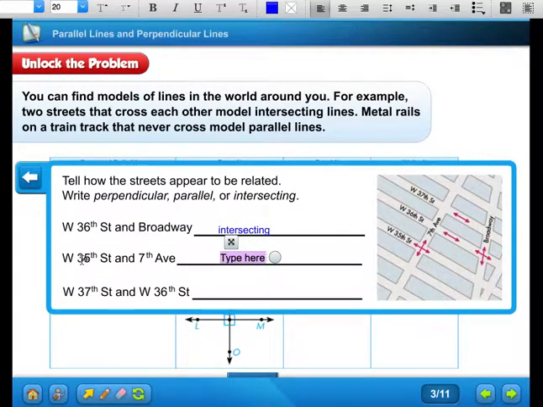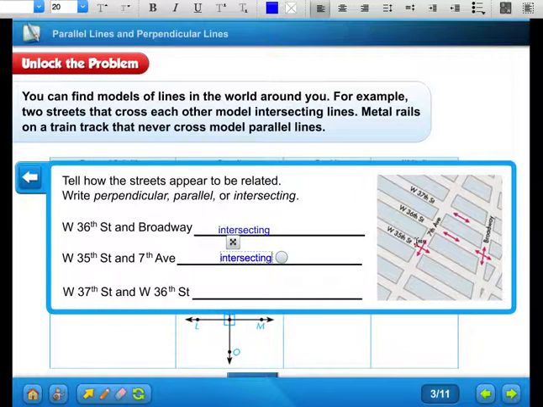So we are at West 35th Street and 7th Avenue. West 35th, right here, and 7th Avenue. What do you think those are doing? If you said intersecting, you are correct, but it's also something else.